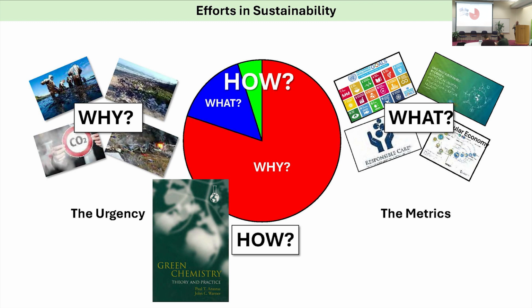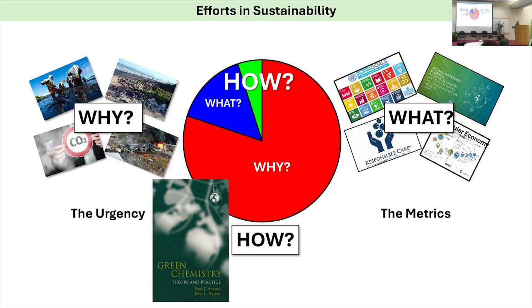And then there are a lot of people talking about what we should do. We should have UN SDGs, we should learn LCAs, we should develop metrics, we should measure, we should monitor, we should characterize. And these are super important. But these have a lot of job security, because describing the problem and measuring the problem doesn't solve the problem.